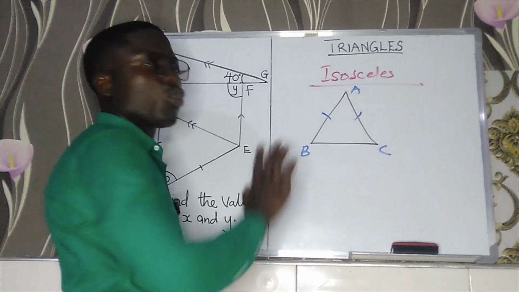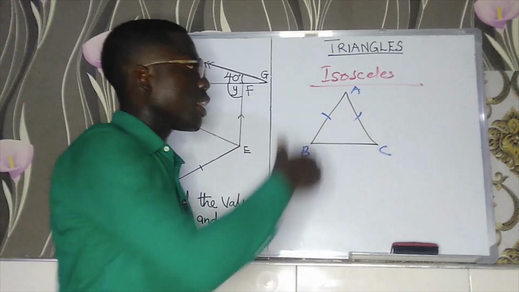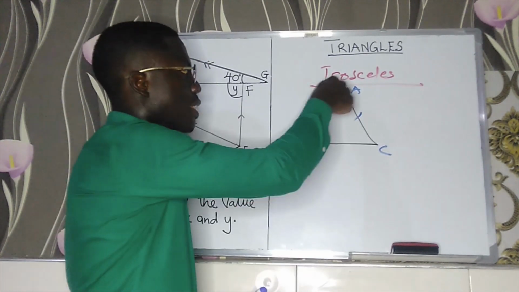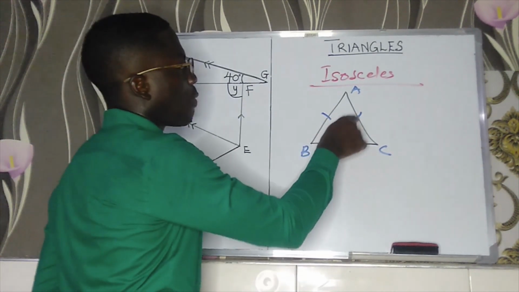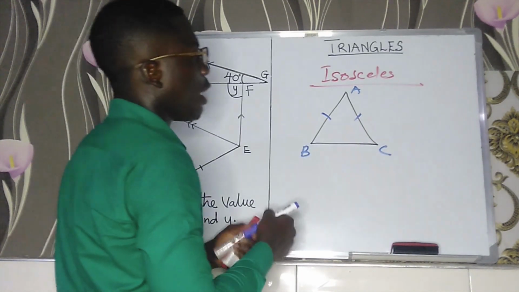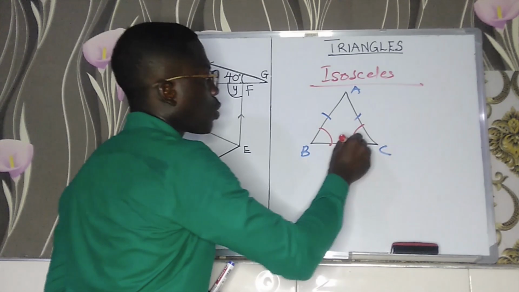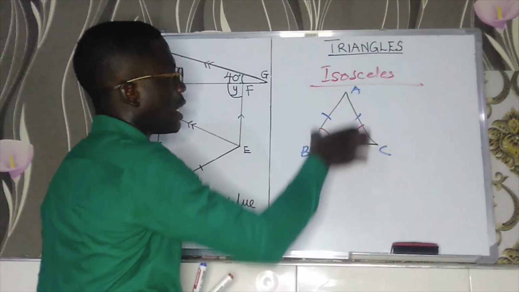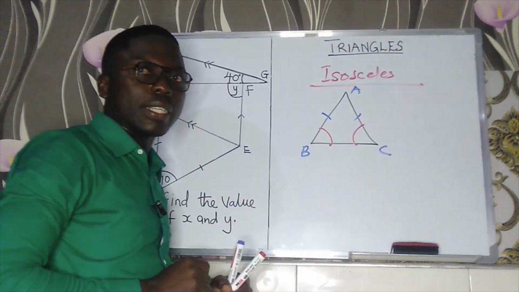Now, this is not drawn to scale, but the arcs on them determine that this line is equal to this line. Good. Now, whenever we have equal lines this way, they form equal base angles. So these two equal lines, they form equal angles with the third line.